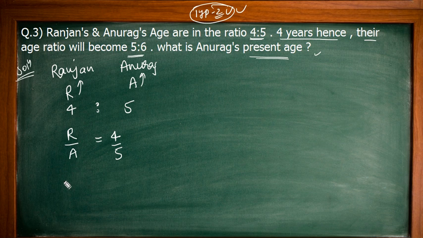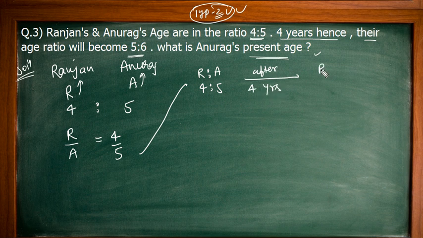4 years hence. Guys, see one thing more here. R is to A, that is 4:5, and after 4 years the ratio would equal 5:6. This is your whole question here.